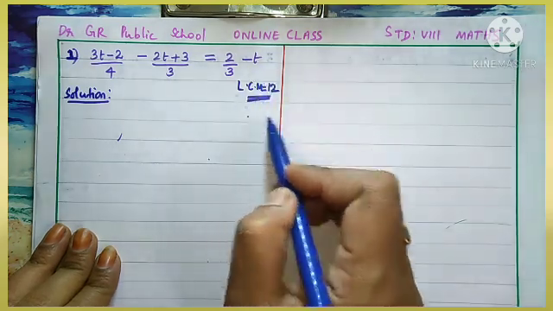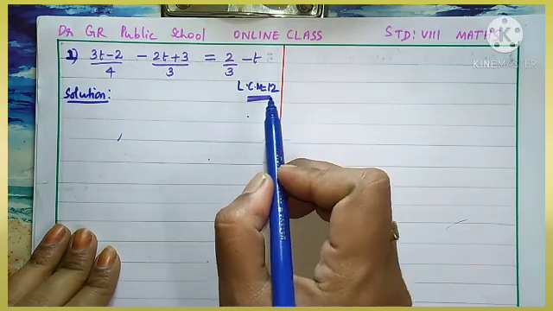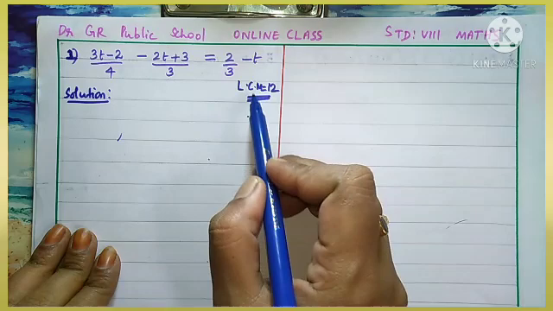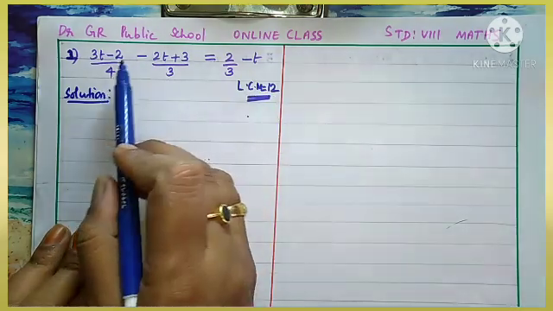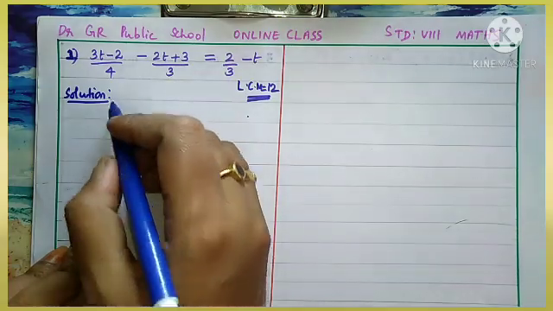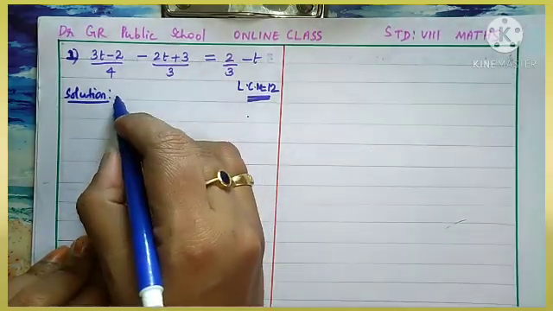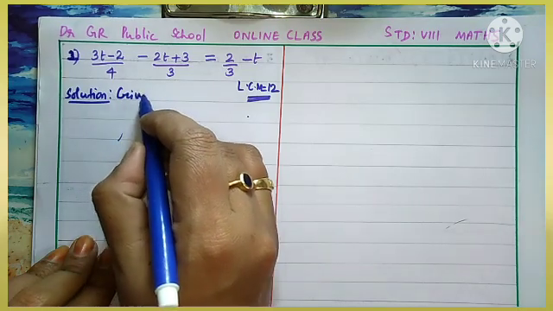Now after finding the LCM, what you want to do? You want to multiply this LCM, common multiple, by both LHS and RHS. So how do you want to write the steps? First you want to write, okay, we can write the equation once again.